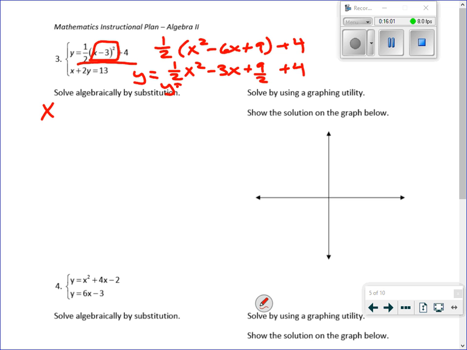So y will be equal to 1 over 2 x squared minus 3x plus 9 over 2 plus 4, just your fractions. So to add 4 with 9 over 2, you have to have a what? Common denominator. So I could write 4 as 8 over 2. So what's 9 over 2 plus 8 over 2? 9 plus 8 would be 17, all over 2.